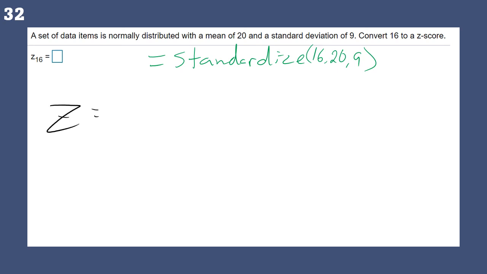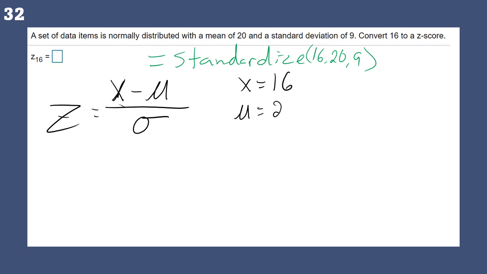Z-score, the formula is x minus mu over sigma. So if you know what each of these are, the x is the test score, the number that we're testing, 16. Mu is our mean, and so that's 20. And sigma is our standard deviation of 9.